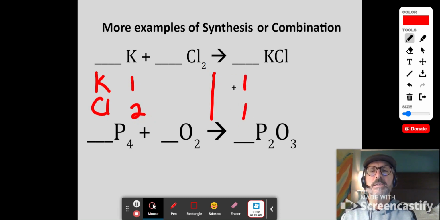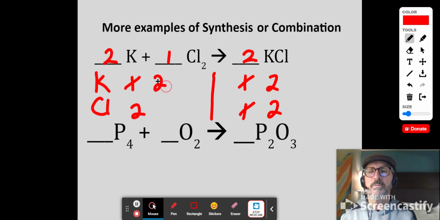So because the chlorine is heavier on the reactant, we're going to make the product side bigger by 1, or make this go into a 2. We change how many we have here. We have 2K and 2Cl. So that makes this balanced, but we need to make the potassium go to 2.